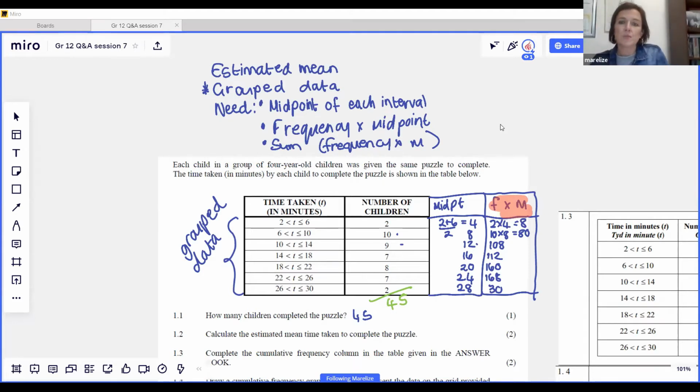Please put in the chat what you get when you add up the F times M column. Everyone should be working with me, because if you're saying you don't know how to do this, now is the time to learn it forever. Put in the chat what you get, please.